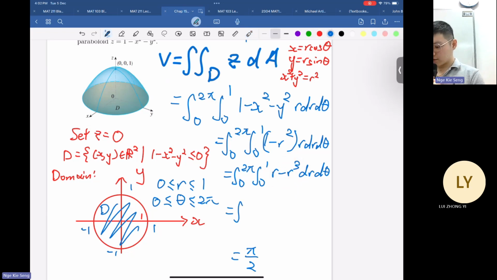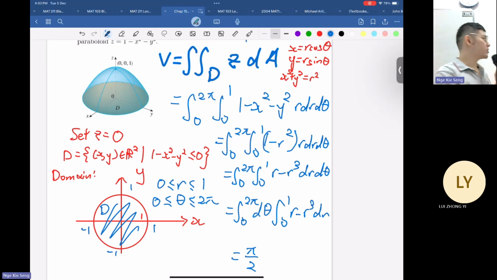So you can split it into the integral from 0 to 2 pi of d theta, times the integral from 0 to 1 of r minus r cubed dr. You can write it as a product of different variables. Last time we talked about x, y, so it really doesn't matter what you put there. Everyone should get pi over 2.